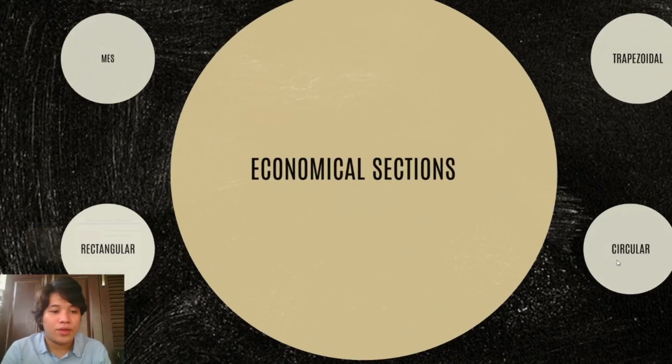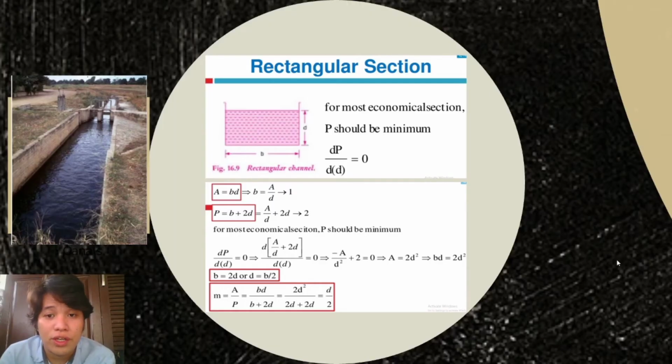So we go to the rectangular section. For the most economical section, P should be minimum. The area is equal to the base b times the depth d, and the perimeter is b plus 2d. For the most economical section, P should be minimum, so b is equal to 2d, or d is equal to b over 2.